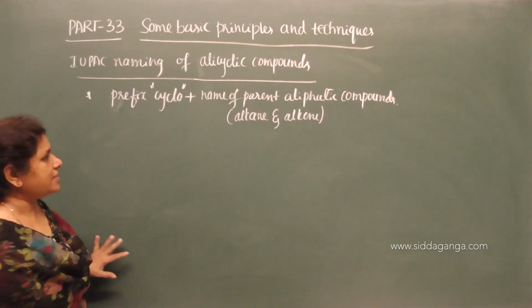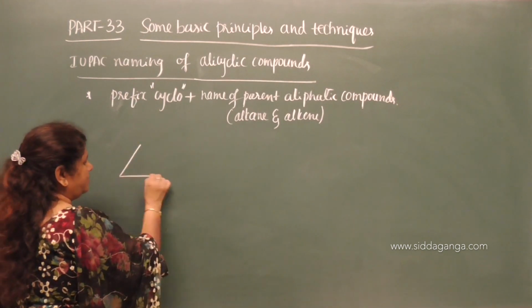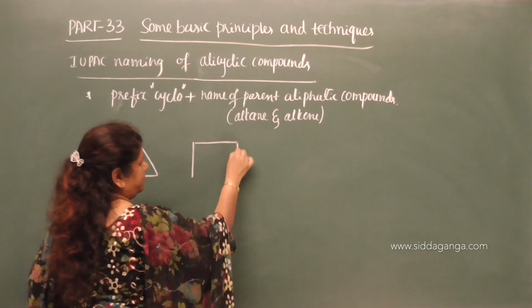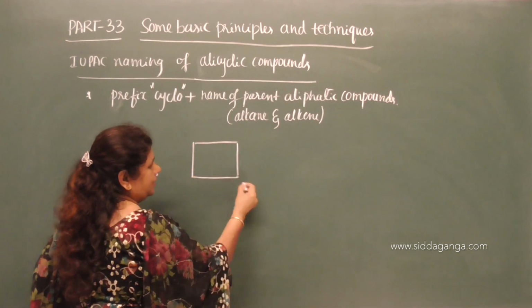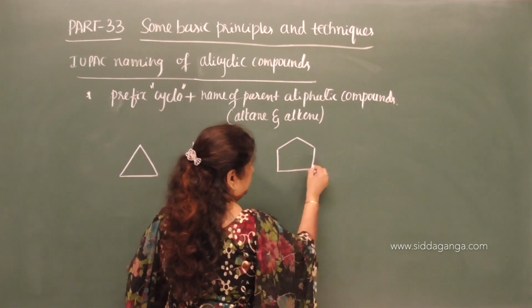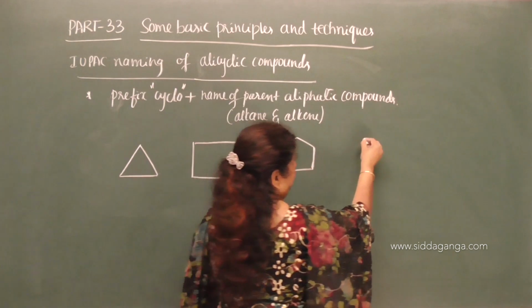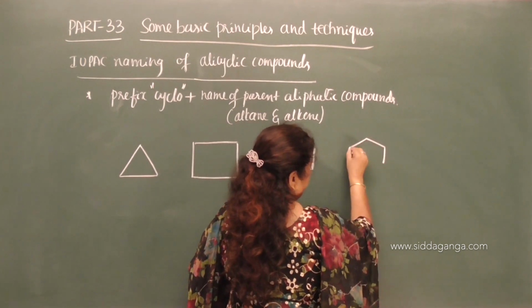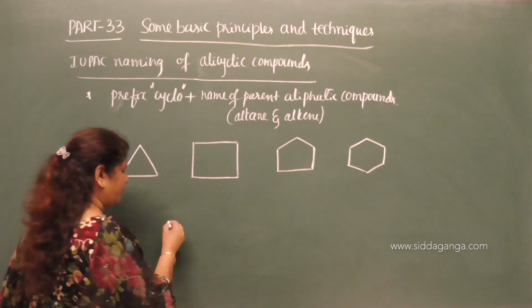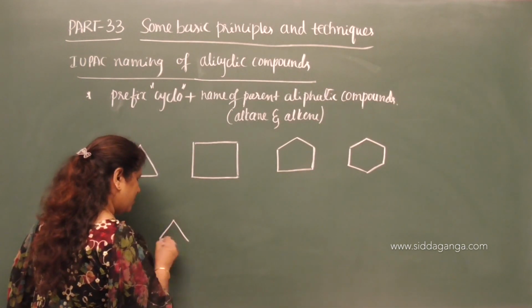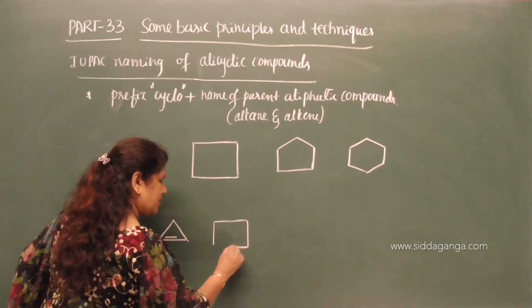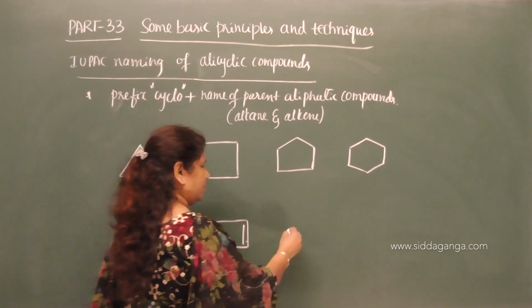So let us consider the examples of simple alicyclic compounds. I have already given these examples while giving the classification. These are the important alicyclic compounds.